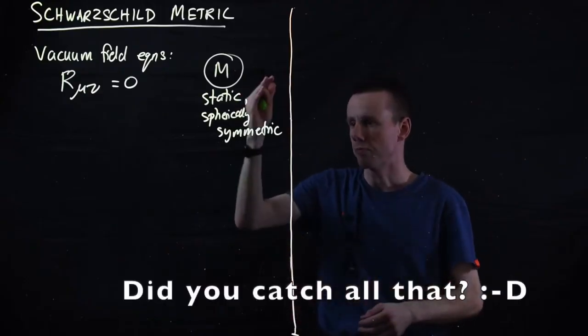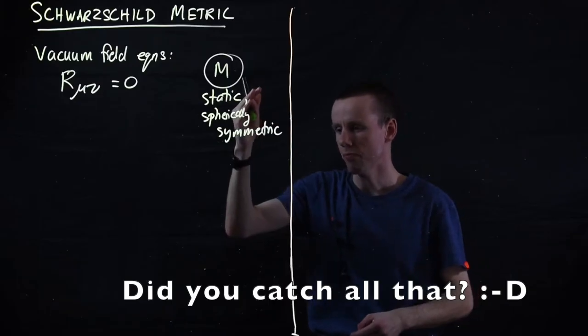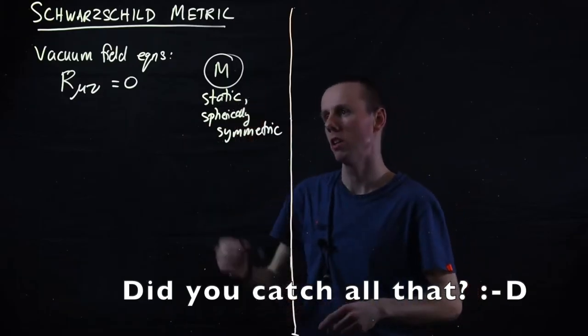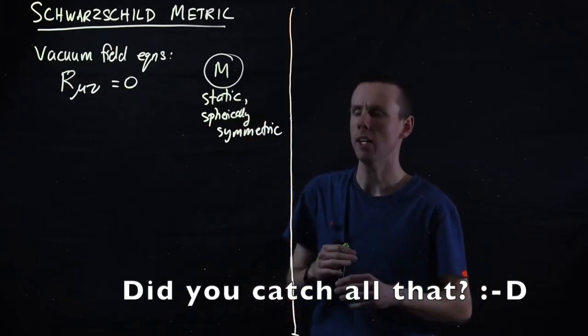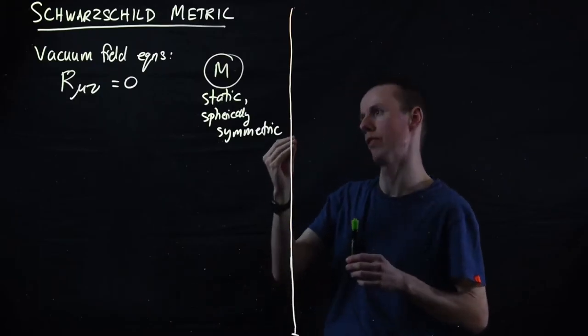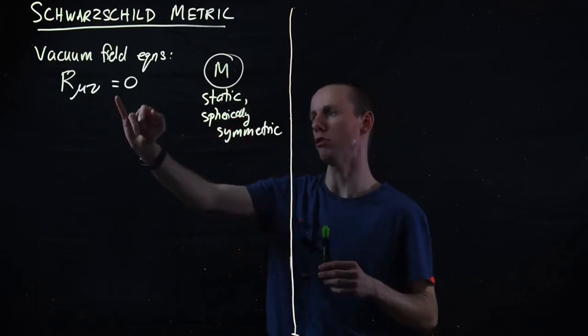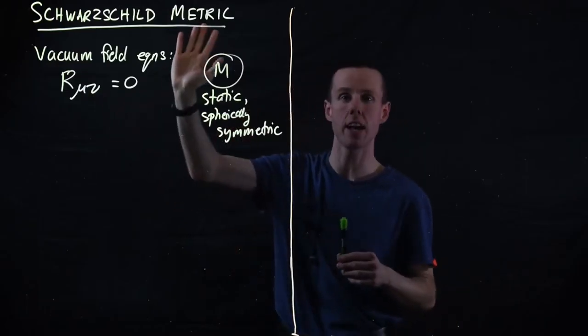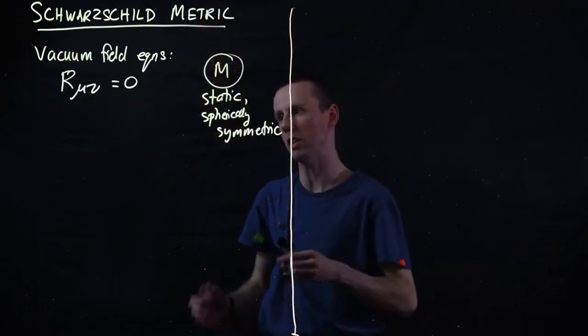Now, I am not going to go through here the full derivation, okay? So I'm going to just very, very briefly give you an overview of how this is done. So how you start with the vacuum field equations and get the final answer for the Schwarzschild metric.